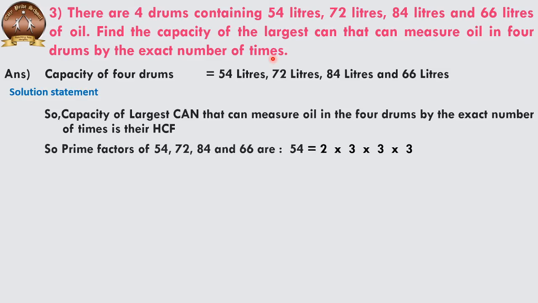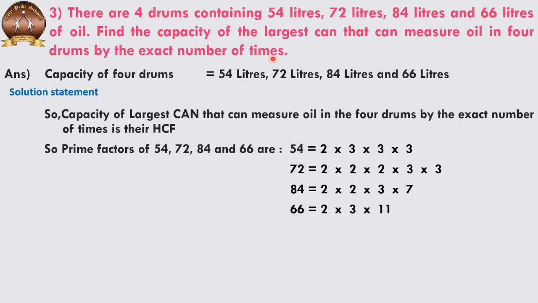So the prime factors of 54, 72, 84 and 66 are: for 54 we have 2 into 3 into 3 into 3. 72 has 3 2's and 2 3's. 84 has 2 into 2 into 3 into 7. Similarly, 66 has 2 into 3 into 11.